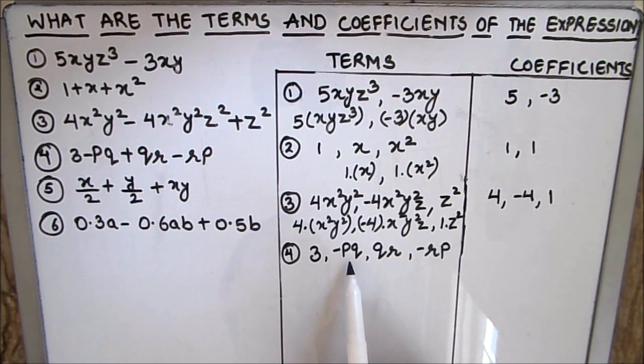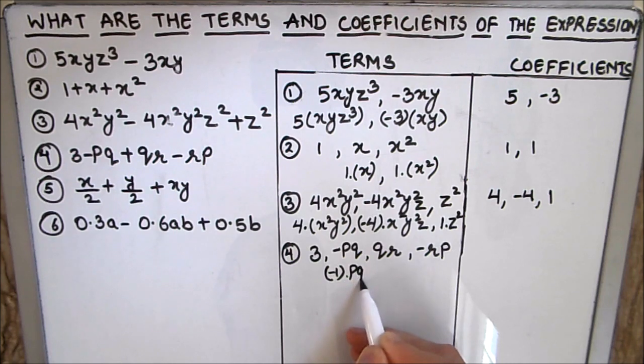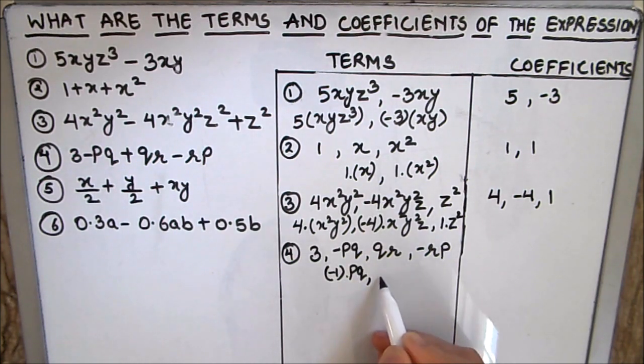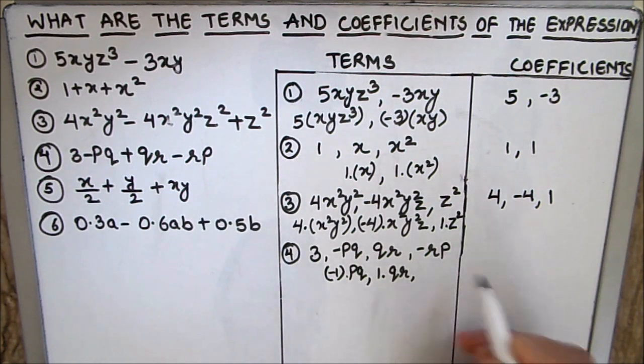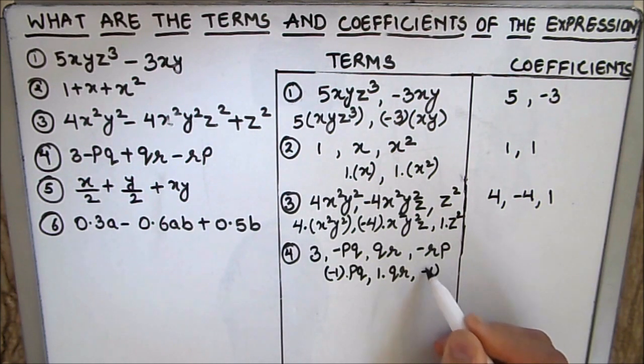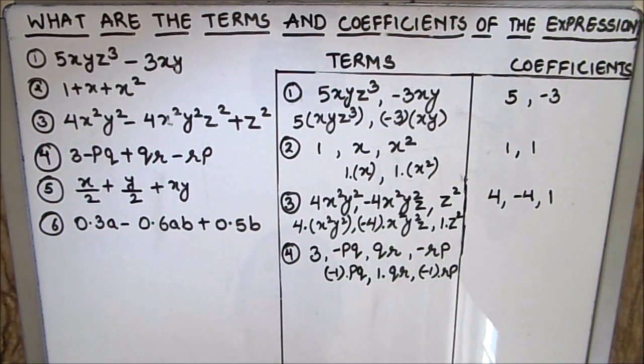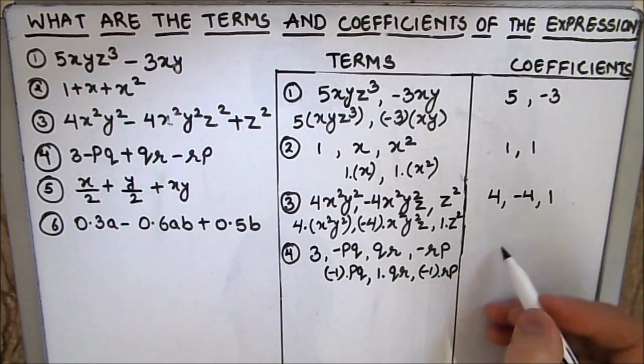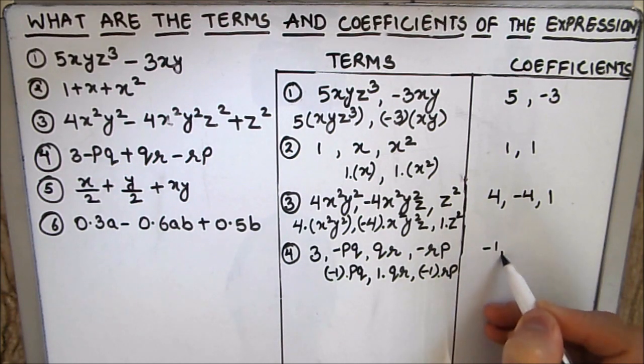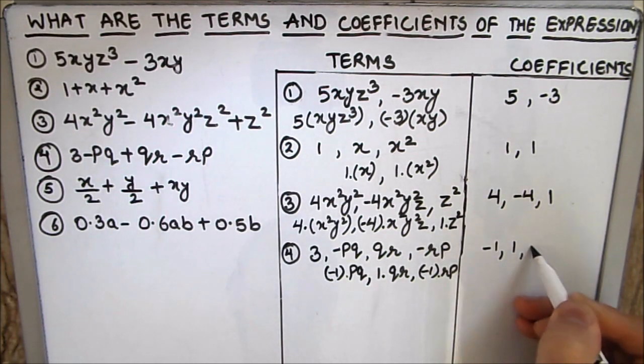The first term here is minus PQ, which can be seen as the product of negative 1 times PQ. The second one is QR, which can be seen as the product of 1 times QR. And the third one is negative RP, which can be seen as the product of negative 1 times RP. So the coefficients will be negative 1, 1 and negative 1.